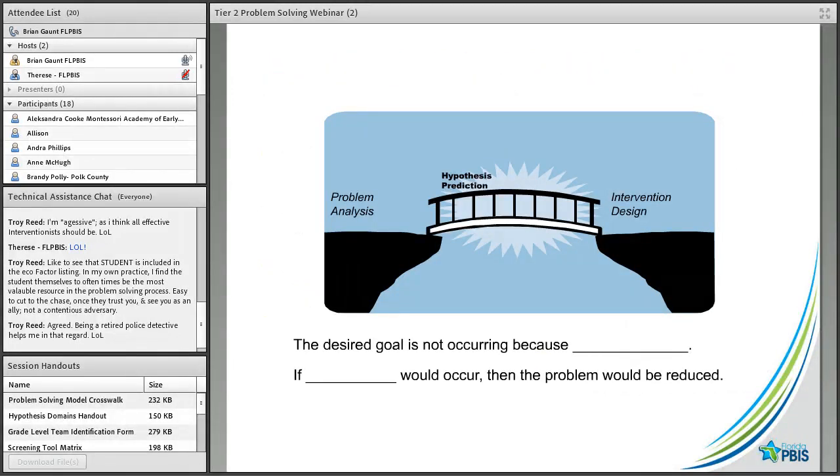Now, for those of you who have been on a problem-solving team at the school level, you may find that the team cannot seem to let go of some of these unalterable factors. They just want to drill into the fact that these are students who are not behaving well, and what's common across all of them is that they come from homes with a single parent.